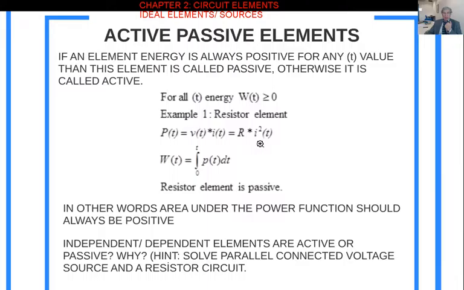That relation tells me that power is always positive, because R is always positive, and i squared is always positive even if i is negative; the square makes it positive. So this is always positive for all t's. Then the integral of a positive function is going to be positive, so for all t's that energy is going to be positive. That's why this element is called a passive element. Resistor is a passive element.